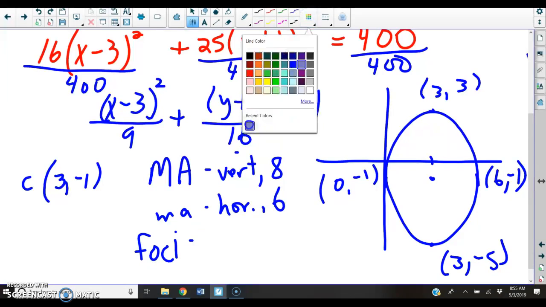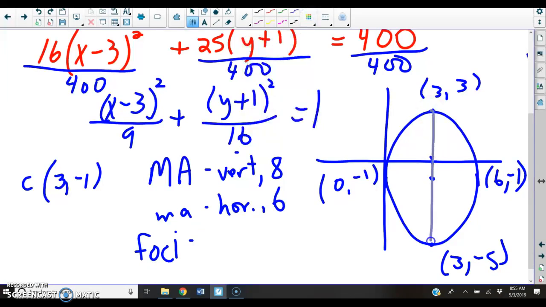I'm going to go back to my pretty color. The difference between 9 and 16 is 7, so it's going to be the square root of 7 up and down from my 3, negative 1. So I'll have 3, negative 1, plus or minus the square root of 7. I changed the y.